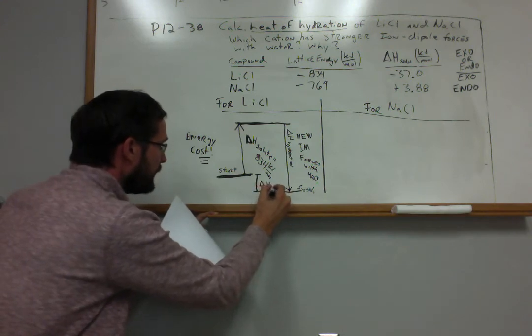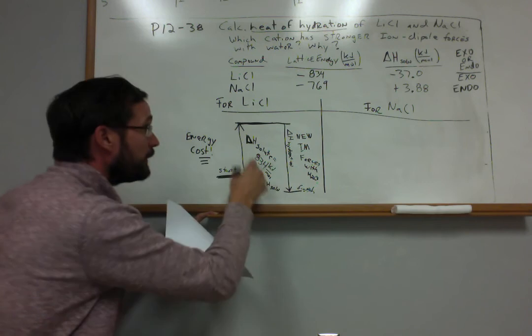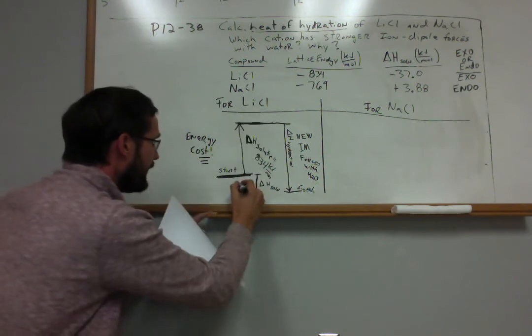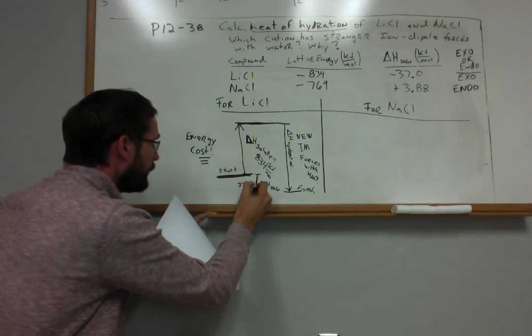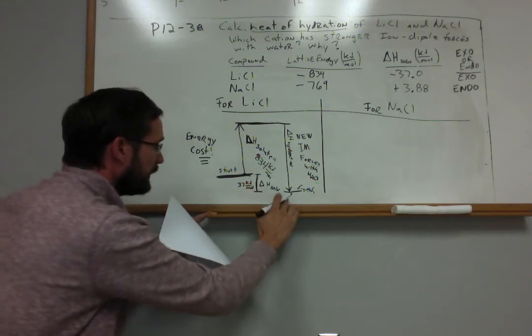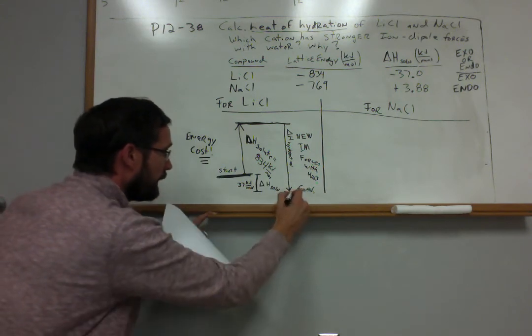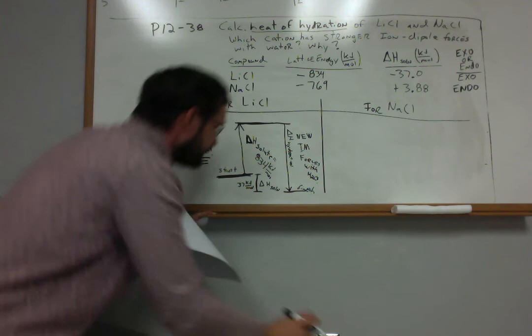That is our enthalpy of solution. In this particular case, for our lithium chloride, that gap corresponds to 37 kilojoules per mole. Our energy is lower when we finish, so the net change is negative. It's an exothermic process.